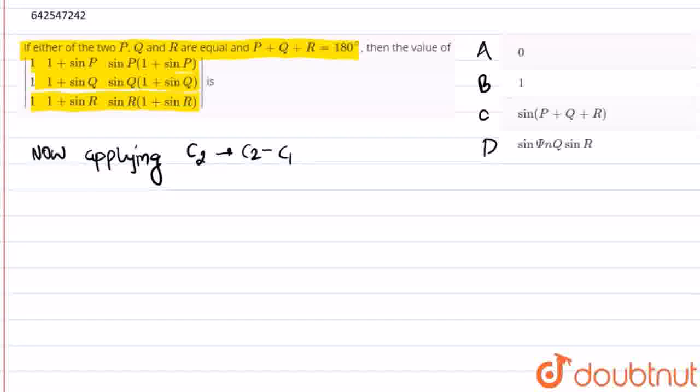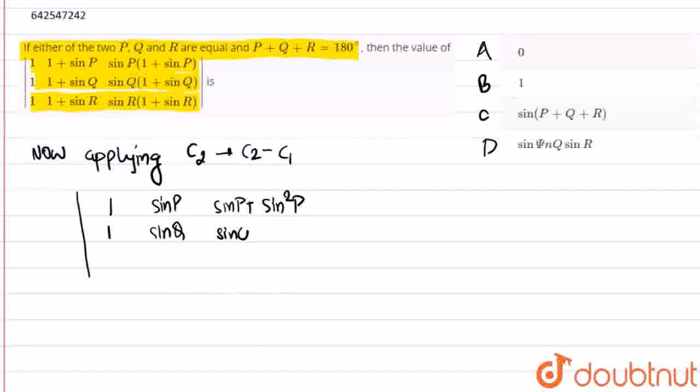So the resultant determinant is written as 1, sin P, and the third column is as it is, thus opening the bracket, that is sin P plus sin square P. The second row is 1, sin Q, sin Q plus sin square Q. The third row is written as 1, sin R and sin R plus sin square R.